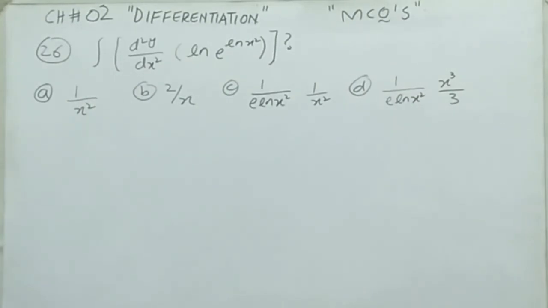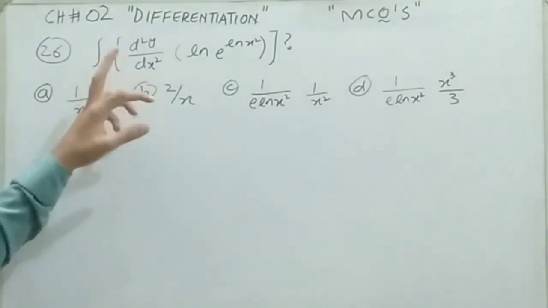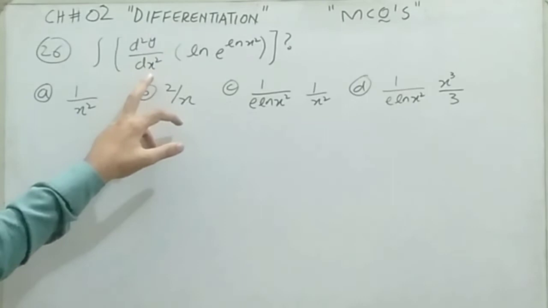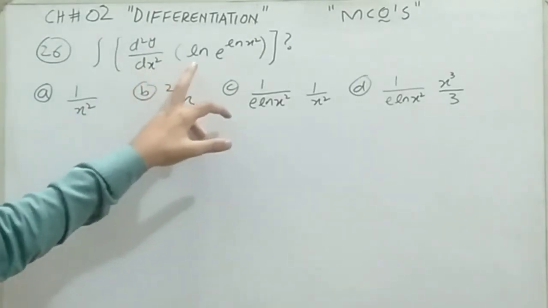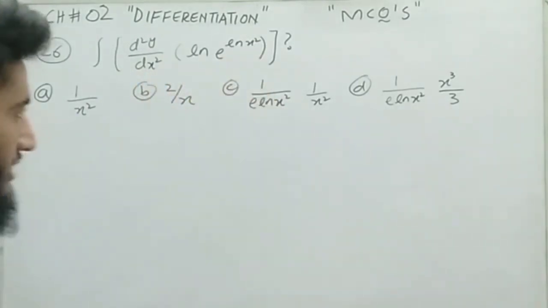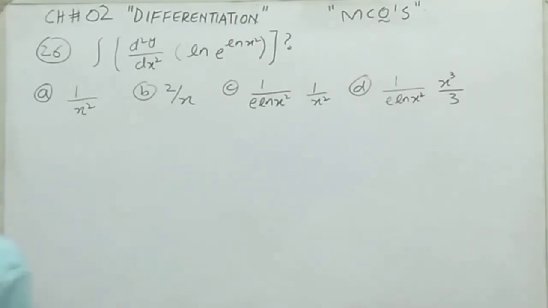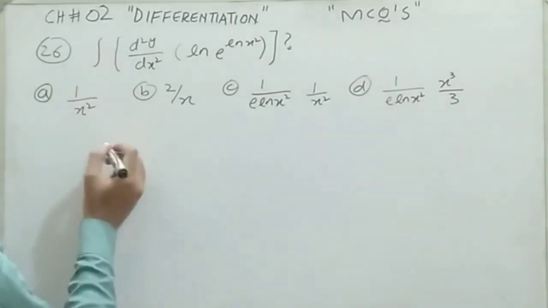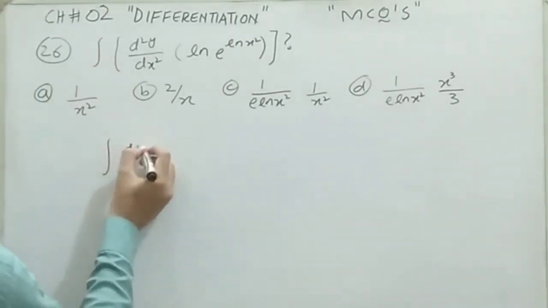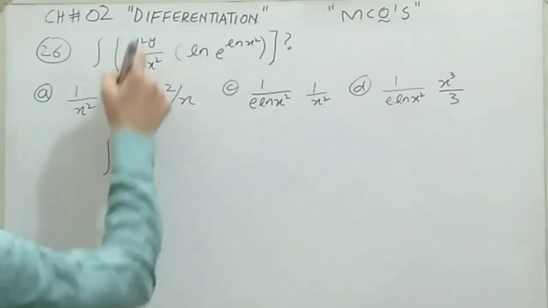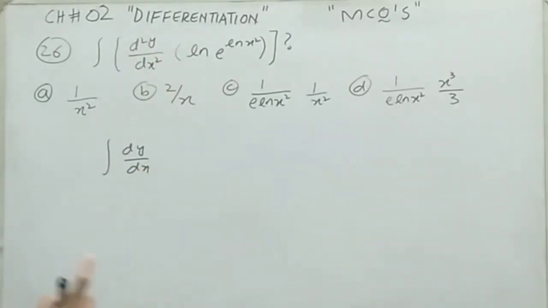Now toward MCQ number 26, integral of d square y by dx square, multiplied by ln of e power ln of x square, find the value of this calculus. So integral of d square y by dx square means double time derivative.